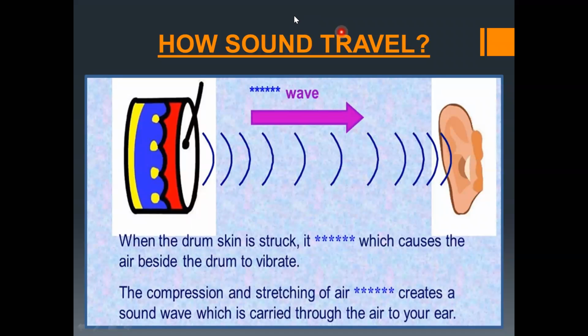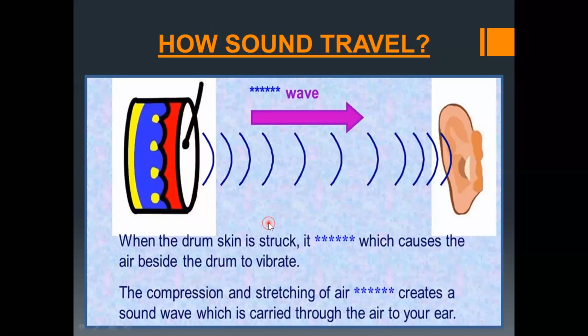These vibrations cause the air beside the drum to vibrate. Now, the compression and stretching. What is this compression and stretching? Again I will tell you, it is the forward and backward movement of the waves. These compressions and stretching of air create vibrations or waves, creating a sound wave which is carried through the air to your ear.